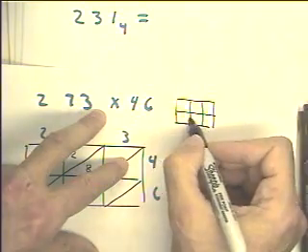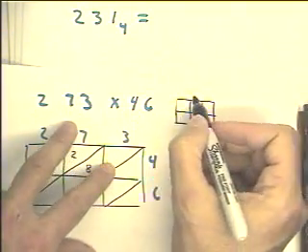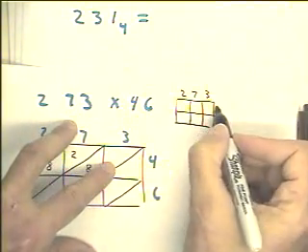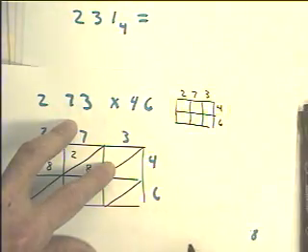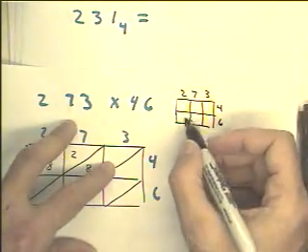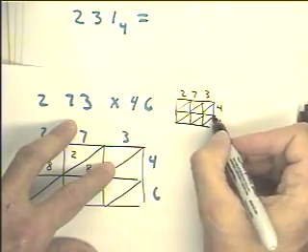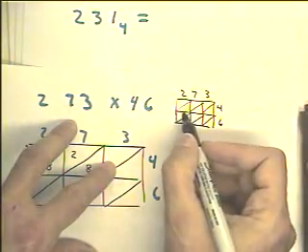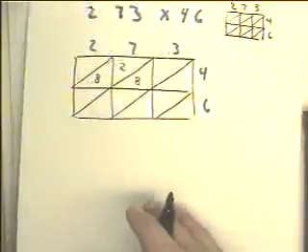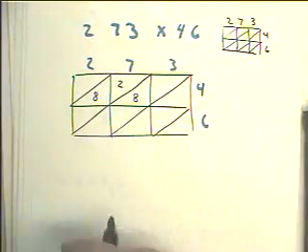We start by drawing enough squares to represent the numbers 273 and 46. And then we draw a diagonal line from lower left to upper right in each of the squares, and we get this lattice. And we're going to see how we use this.